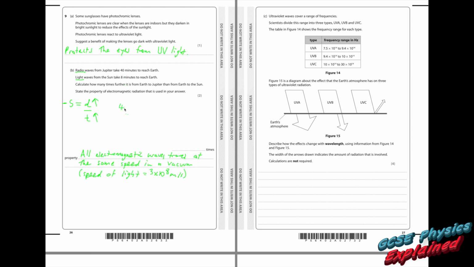If we do 40 over 8, that comes out as 5. So basically, this is 5 times more time. So that must mean that Jupiter is 5 times more distance away.